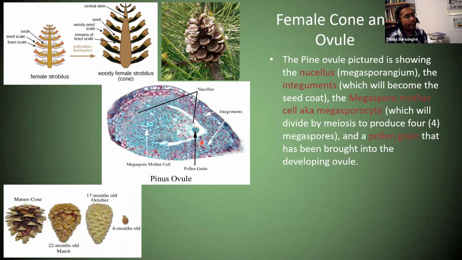Then you have this megaspore mother cell, also known as megasporocyte. And then that megasporocyte will subsequently undergo meiosis and produce 4 daughter megaspores, or female spores.